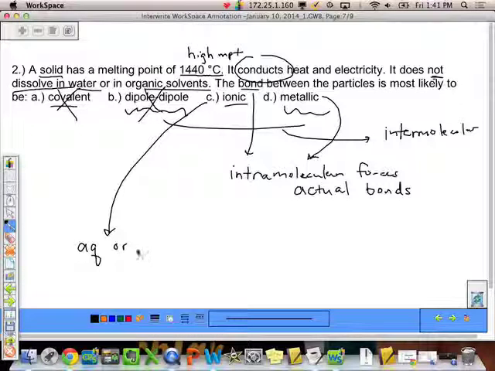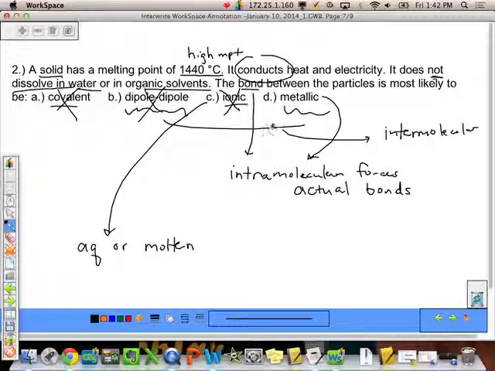We can make it molten. So if it's aqueous or molten, so we put it into the liquid form, which salts generally don't want to be because they have high melting points like this solid does. But it has to be aqueous or molten. And since it doesn't say in the parameters that it's aqueous or molten, it just says that it conducts heat and electricity, we can assume that it's not ionic.